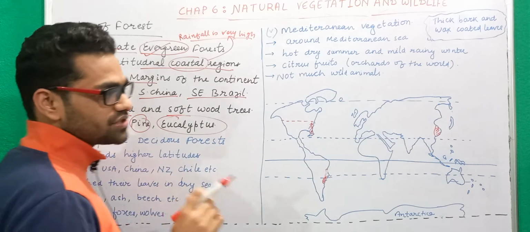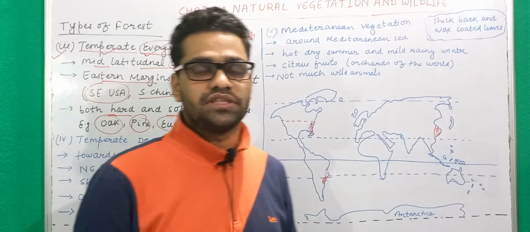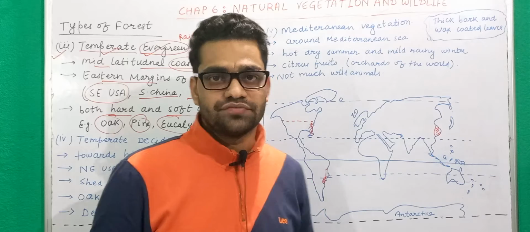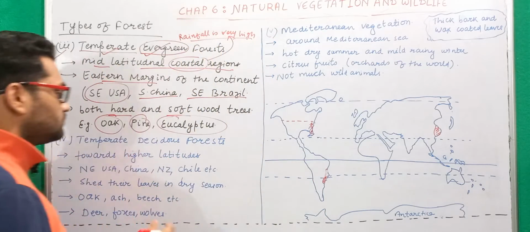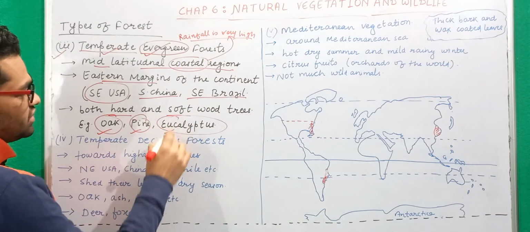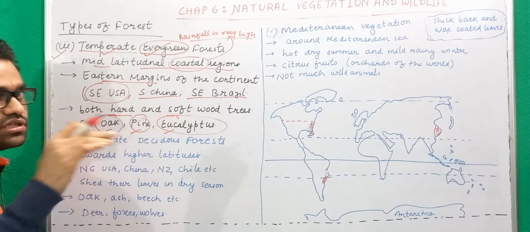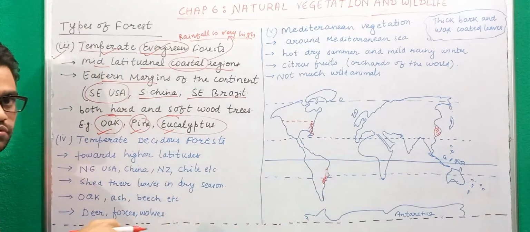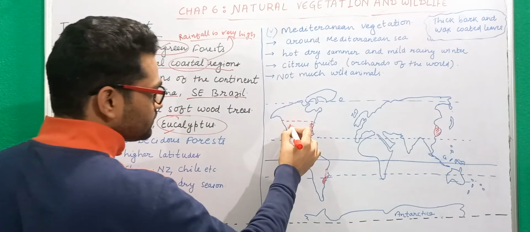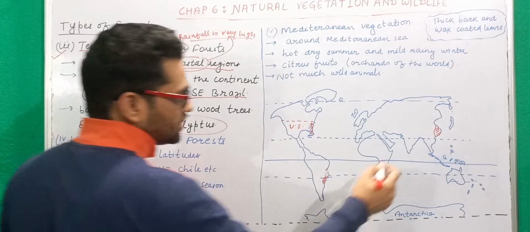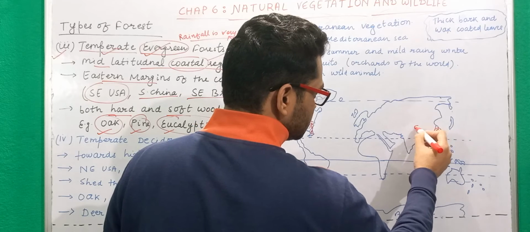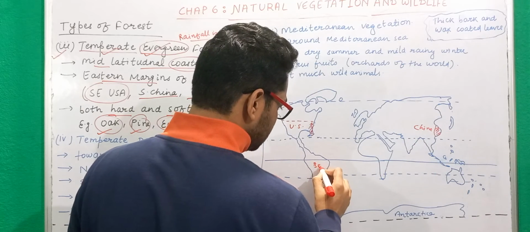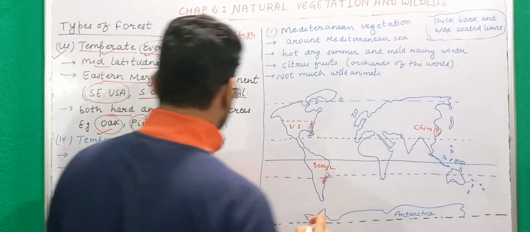Eucalyptus is a very famous tree because of its enormous height, and the lifespan of eucalyptus is also very high. These trees are the speciality of temperate evergreen forests. So look at the areas, this is very important: this is the US, this is China, and this is the Brazil area, where you will find this type of forest.